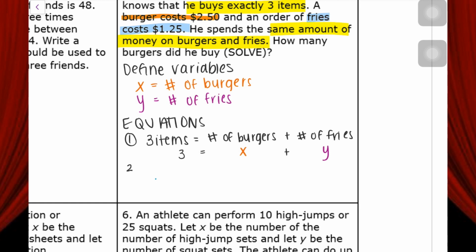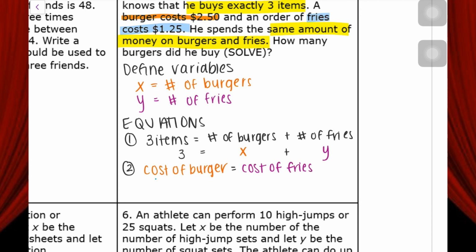Your second equation is the part that says he spends the same amount of money on burgers and fries. We do know how much money was each burger, and we also know how much money was each fry. So cost of burger is the same as cost of fries.